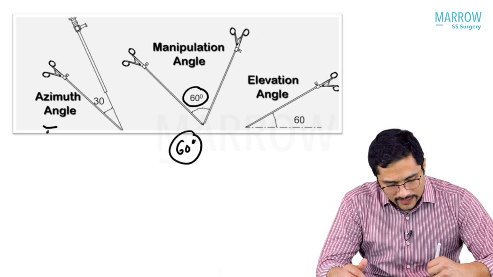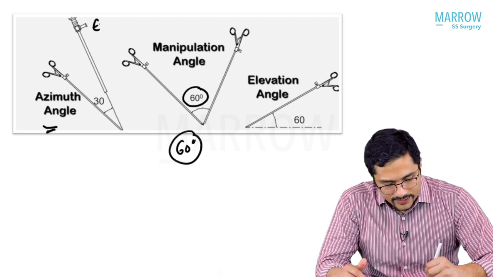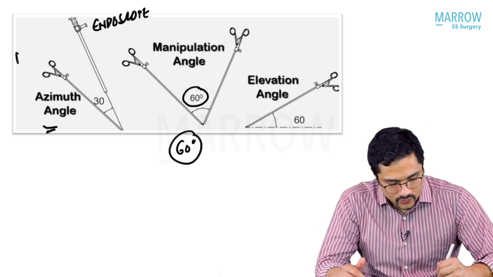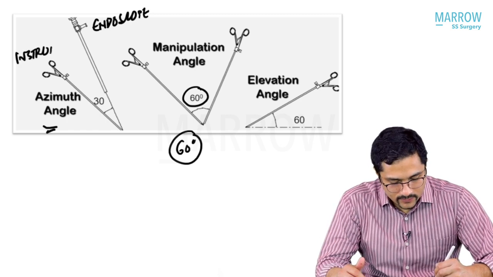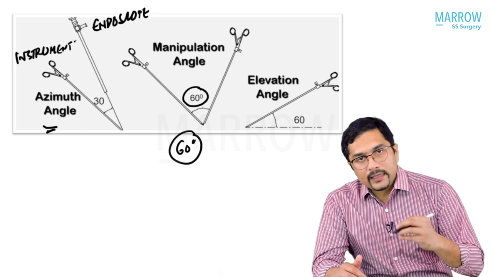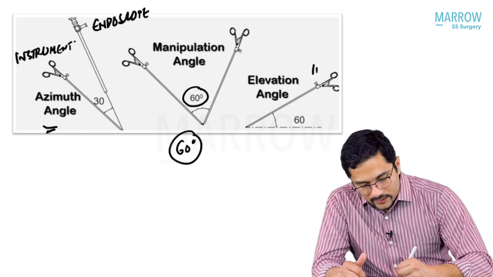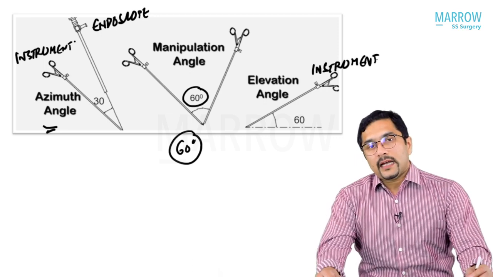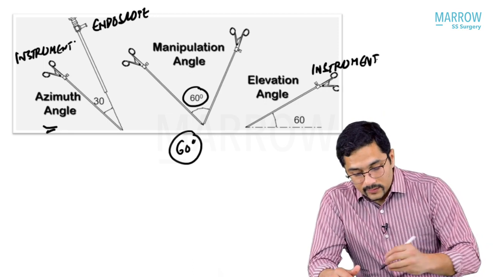The azimuth angle is the angle between the endoscope, the camera, and the instrument. And the elevation angle is between the instrument and the horizontal plane.